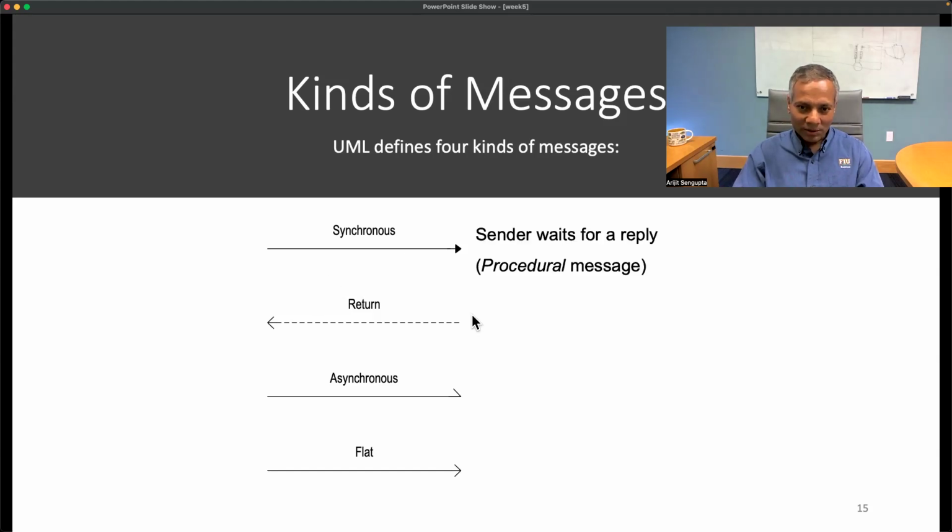in sequence models. So a synchronous message is where you send a message to an object and you're waiting for that object to finish, and then you can do anything else. So this is where they're also often called blocking messages. So you send a message and you're stuck. You can't go forward until that message finishes.